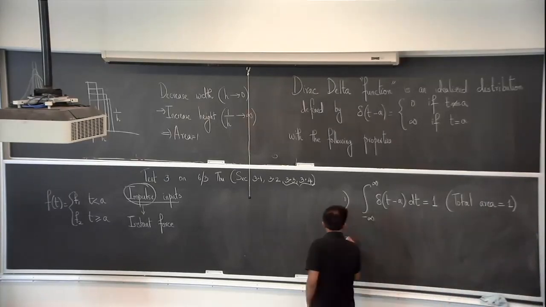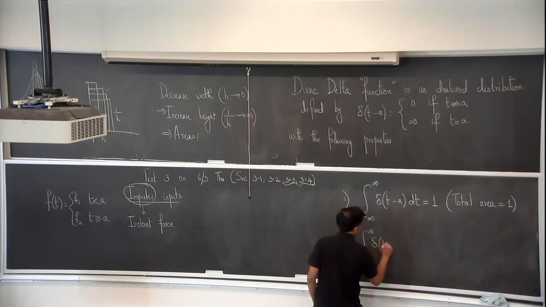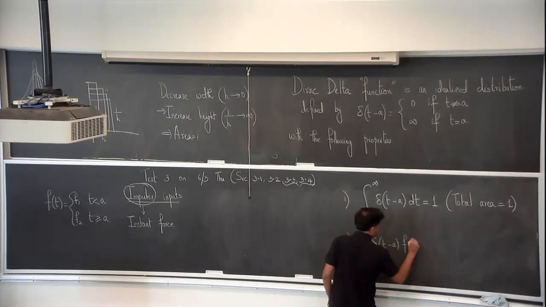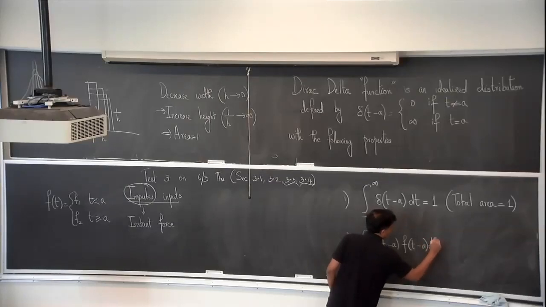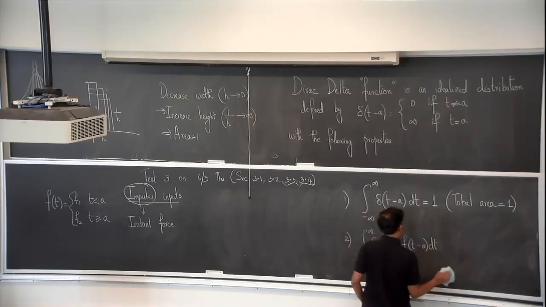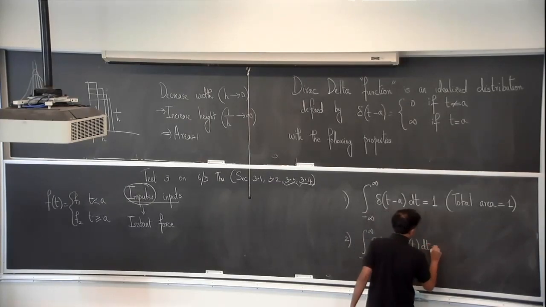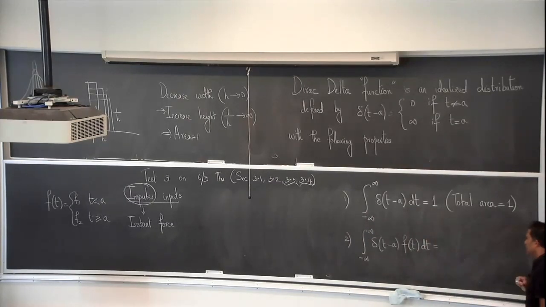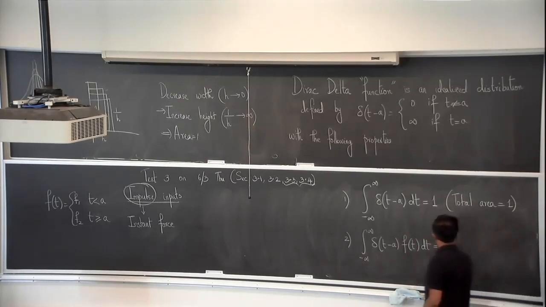The second property is that if you apply the Dirac delta function to some arbitrary function f of t, the integral of delta of t minus a times f of t dt is equal to f of a.